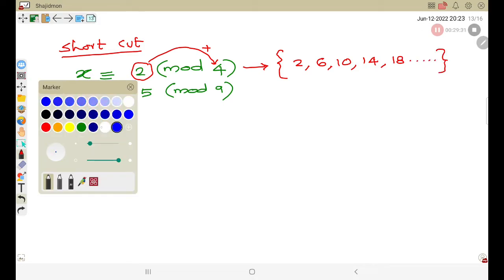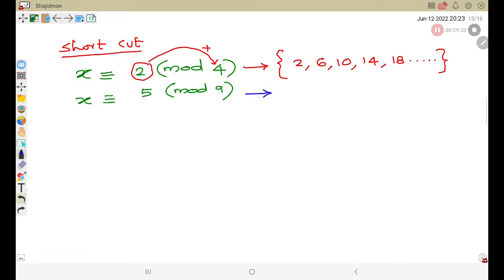From the second one, we write 5 first, then 5 plus 9 is 14, 14 plus 9 is 23, 23 plus 9, and so on.